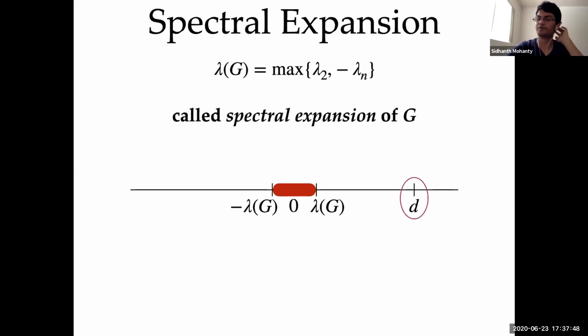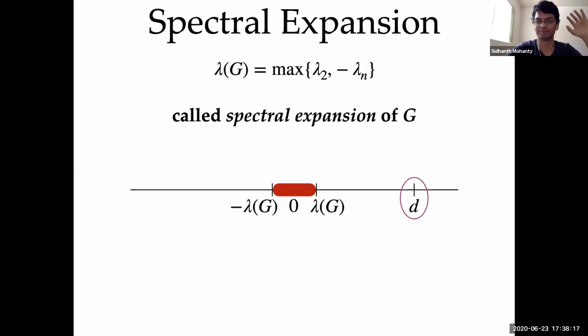So in this talk, we'll be concerned with a different property that we call expansion. Towards this end, I'm going to define the spectral expansion of a graph to be the second largest absolute eigenvalue. One way to write this is the max of lambda 2, the second largest eigenvalue, or minus lambda n, in case the smallest eigenvalue has more magnitude.